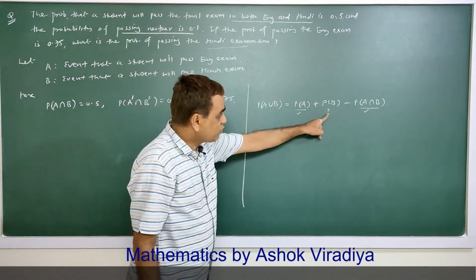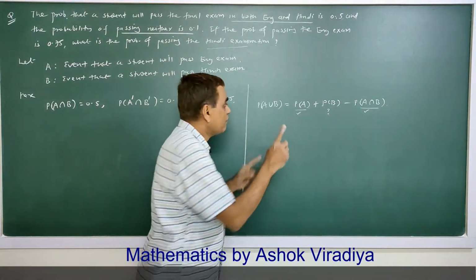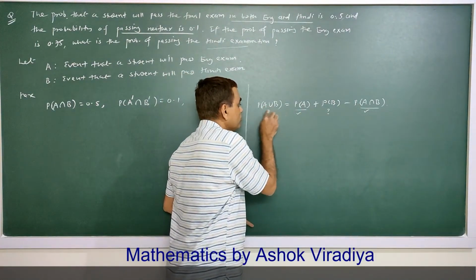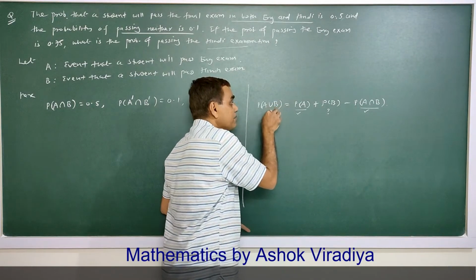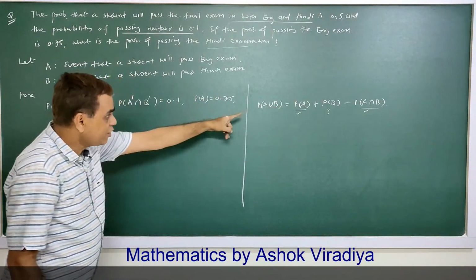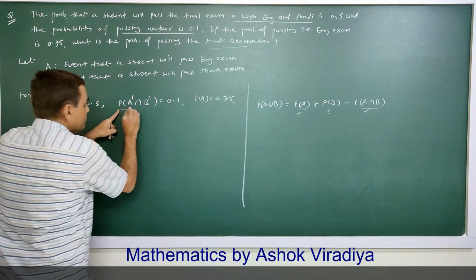To find it, we still need one more value, probability of A union B, and that can be found from this expression.